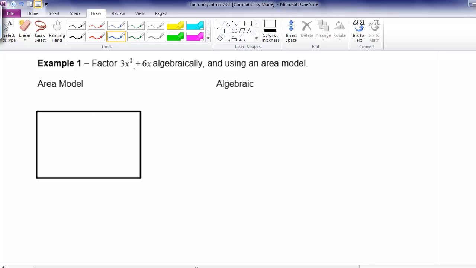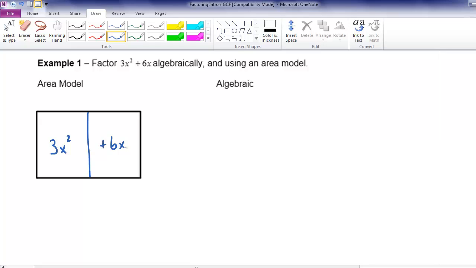Okay, so if I look at an area model, 3x squared plus 6x, well, that's my stuff. That's what I have. That's my inside. And in using an area model, what I want to do is determine the dimensions of my rectangle.